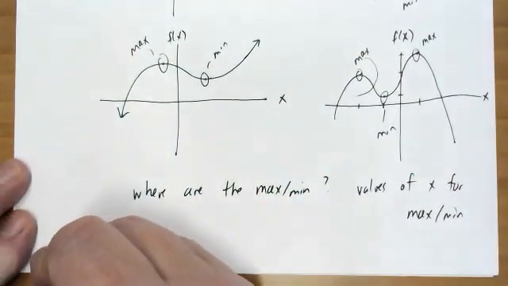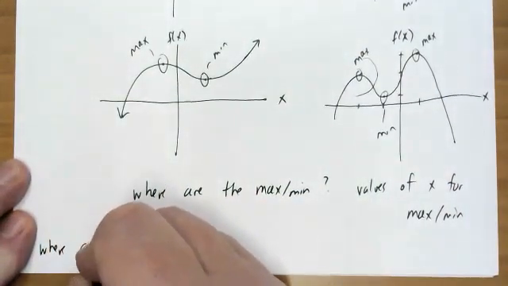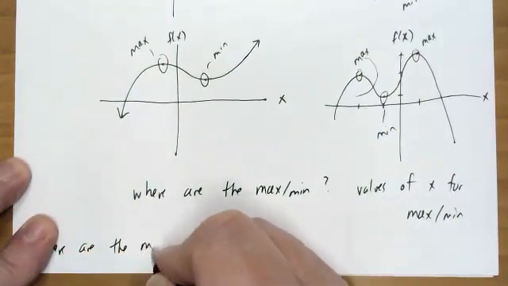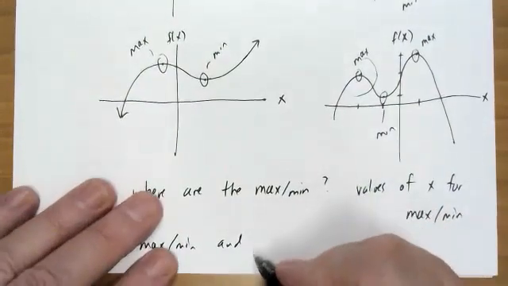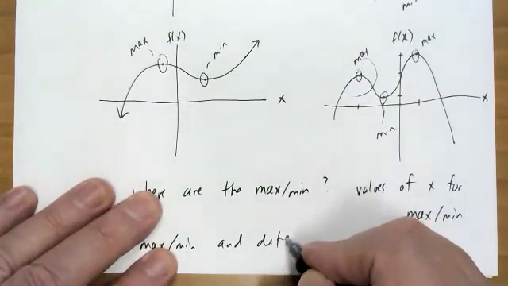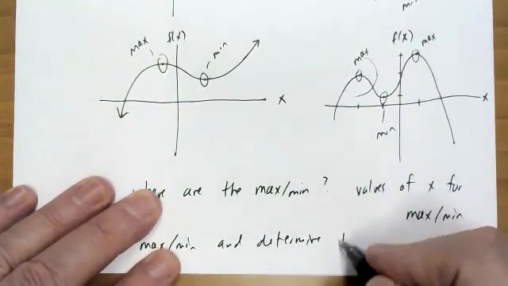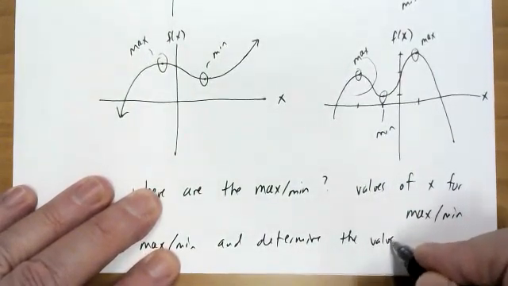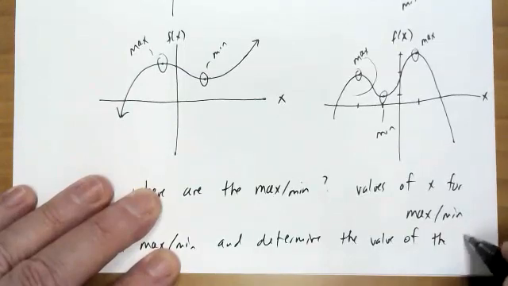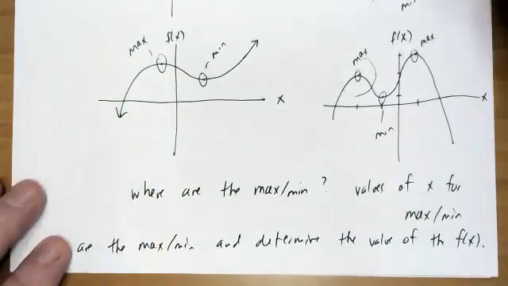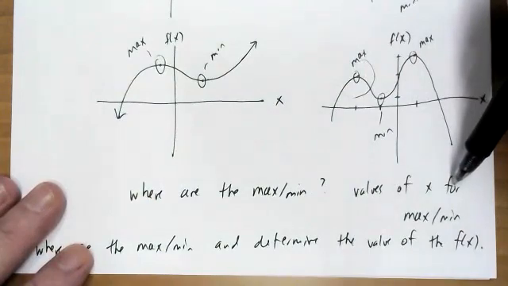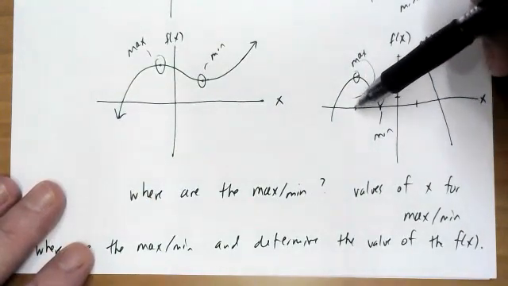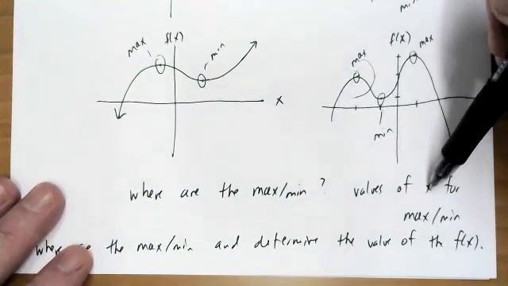But other times, they'll say, where are the maximum and minimums, and determine the value of the function. So in this first question, they're looking for just the values of x, just the value of x where you have maximums or minimums.